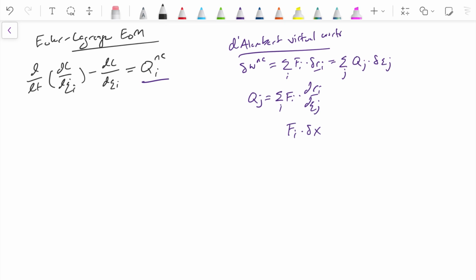So now looking at the first equation with respect to X, we have d/dt partial L partial x dot minus partial L partial x is equal to F.